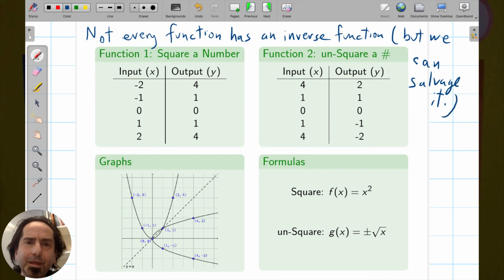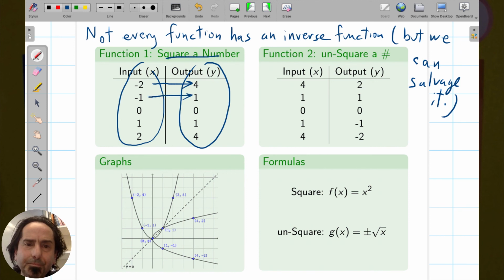So here's the squaring function, and I can draw the arrow diagram. -2 goes to 4, -1 squared is 1, 0 squared is 0, 1 squared is 1, and 2 squared is 4.